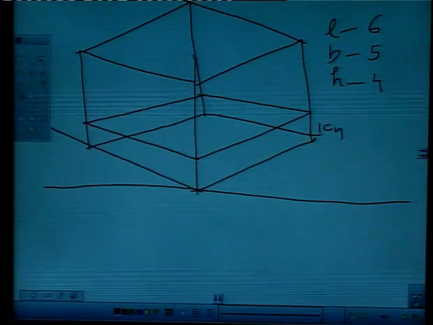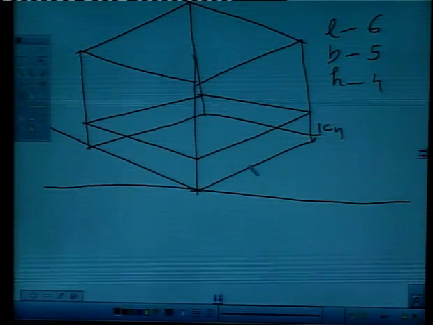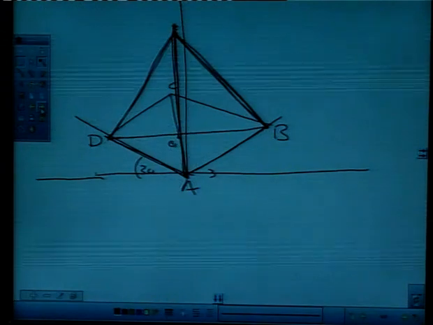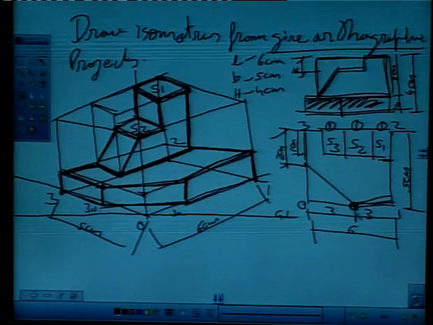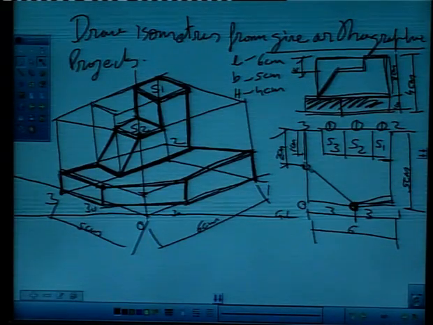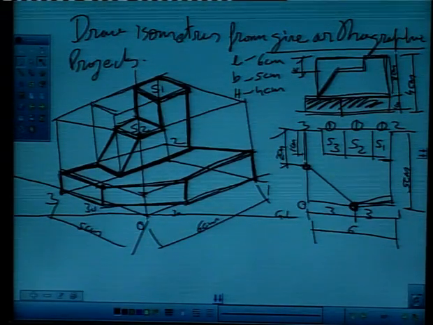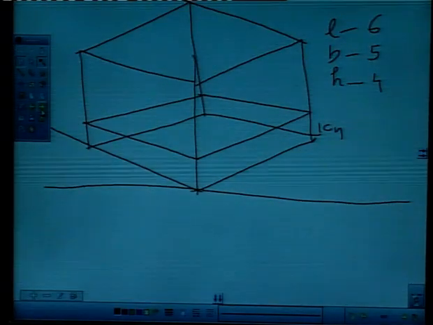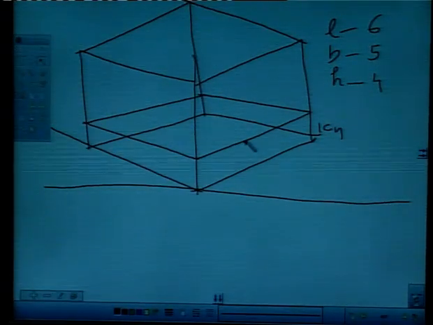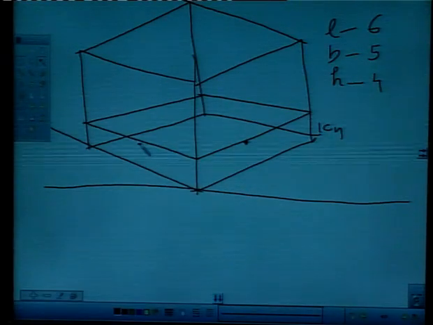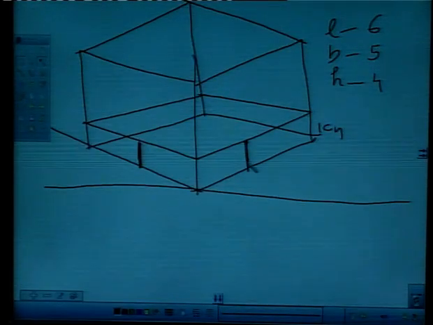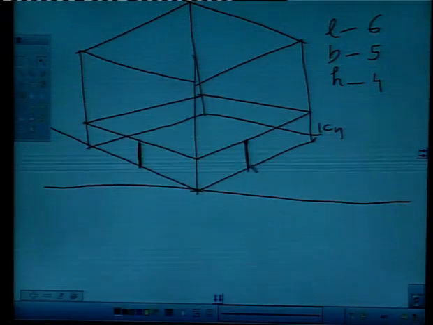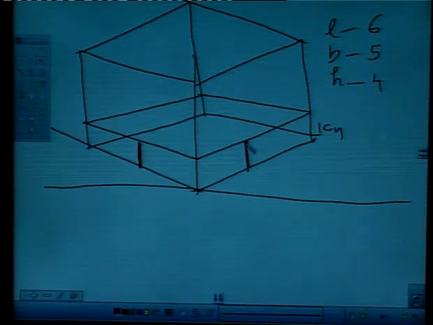So, we simply mark the points, this and this, we simply measured from here, right. First chamfer point was this, second point was this, right. We drew vertical lines, they remain vertical, right. We simply measured from the orthographic drawing and marked our 2 chamfered points and then joined with scale.